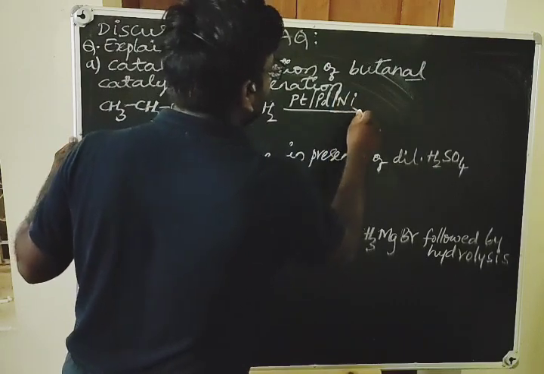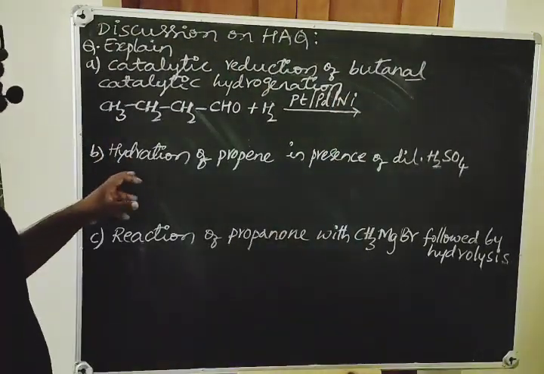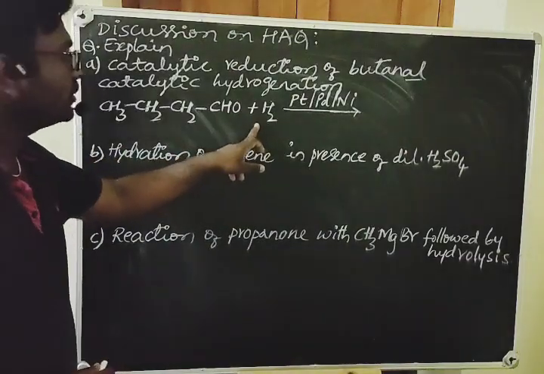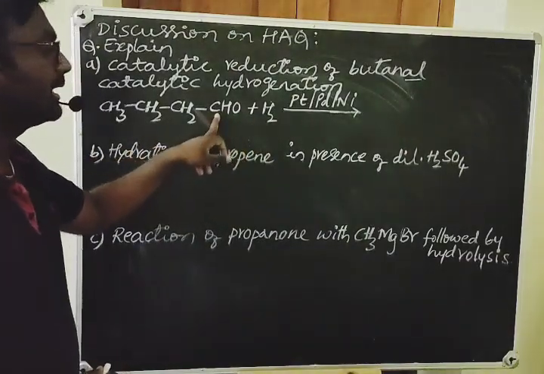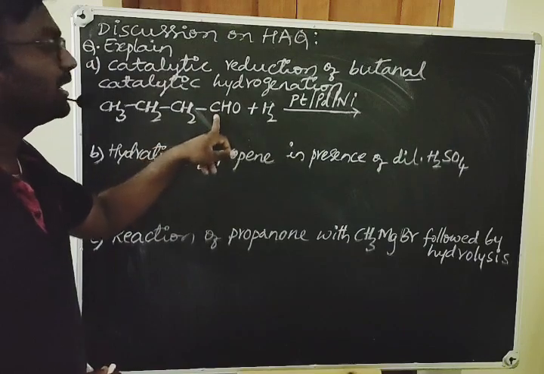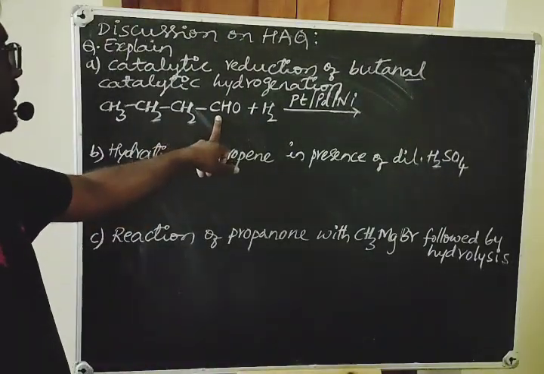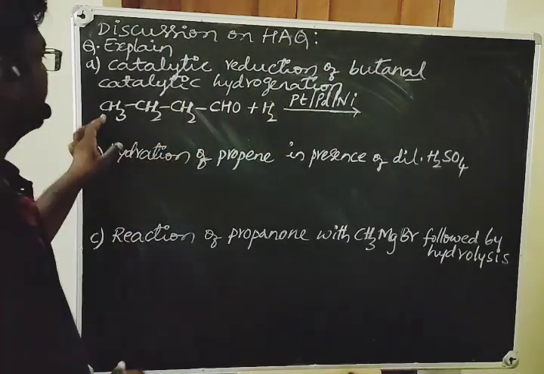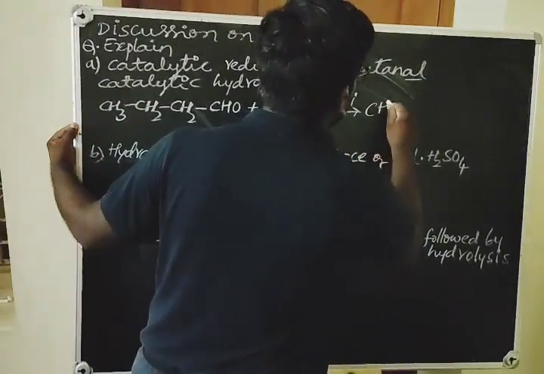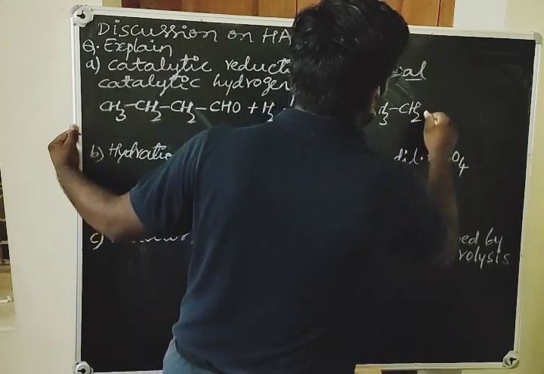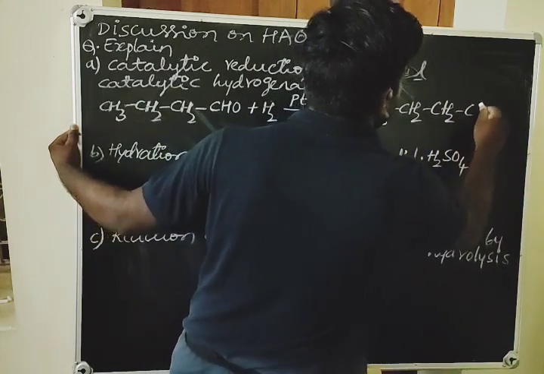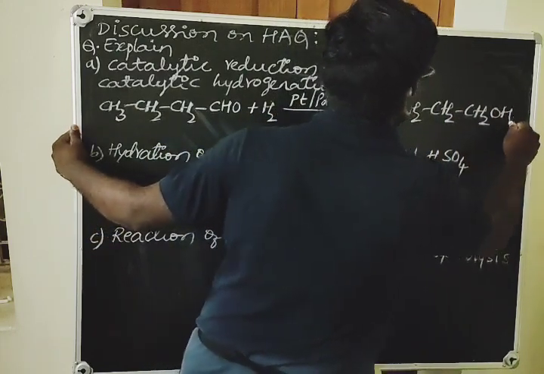In this, the hydrogen atoms will be attacking this carbonyl carbon, and it will be reduced to the alcohol. So we will get the alcohol CH3CH2CH2CH2OH.